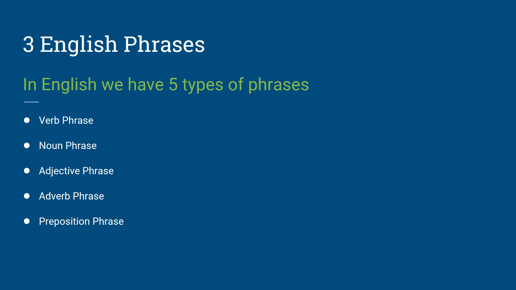Even though there are several words included in a phrase, the function remains true to the phrase. For example, we may have 2 or 3 words in a verb phrase, but the function is still the action. Same is true for the rest of the phrases.